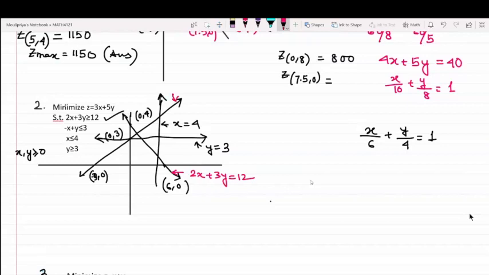This is the line minus x plus y equal to 3. If I replace x and y by 0, 0, is that being satisfied? Is the origin a solution to the given constraint? No. That implies the region would look away from the origin. I mean this would be the region for this line.